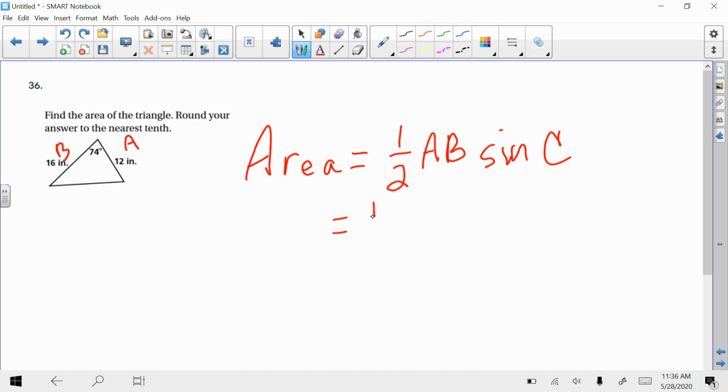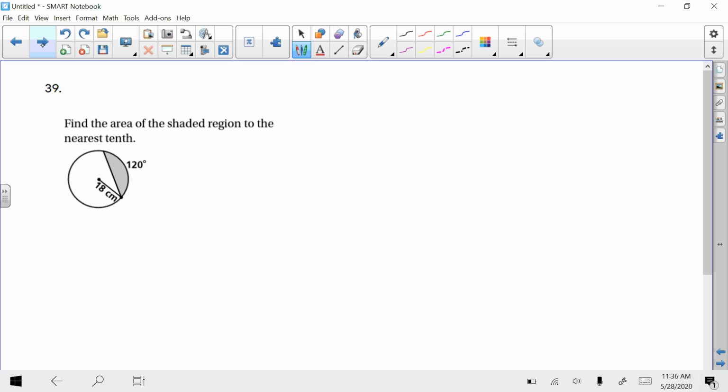So in this one, we would do 1/2 times 16 times 12 times the sine of 74 degrees. Make sure your calculator is in degree mode when you do that.